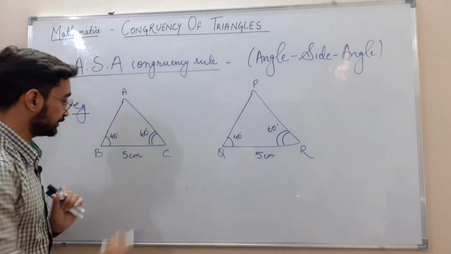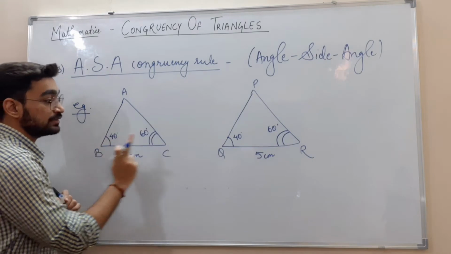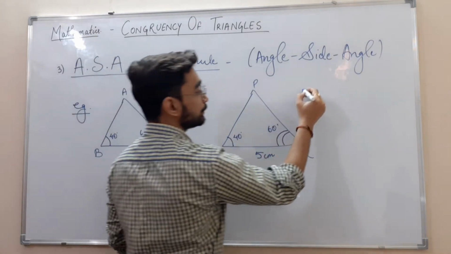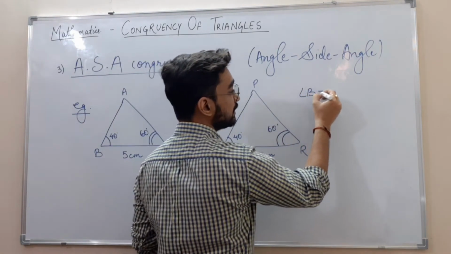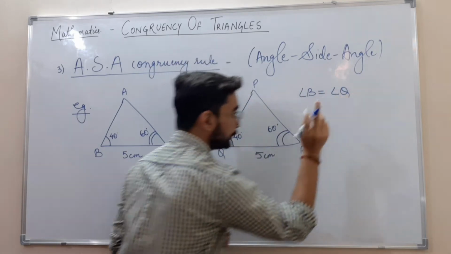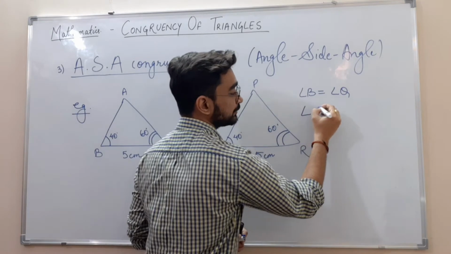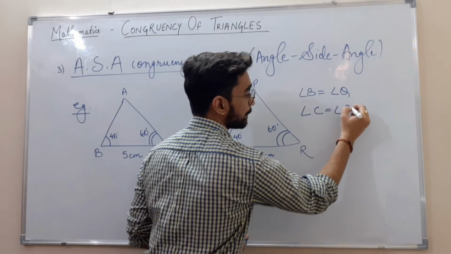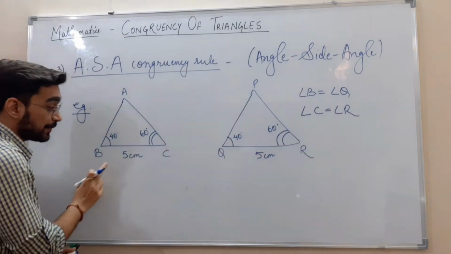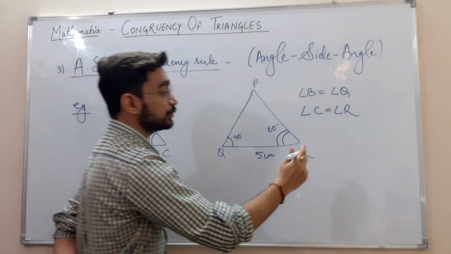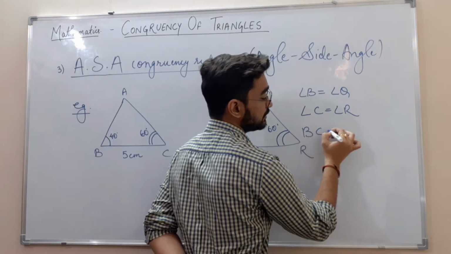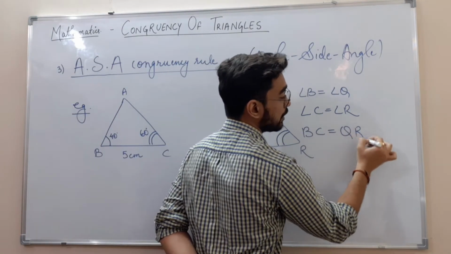See that angle B is equal to angle Q. Angle C is equal to angle R. And BC is equal to QR.